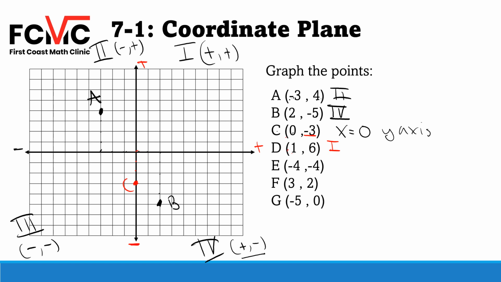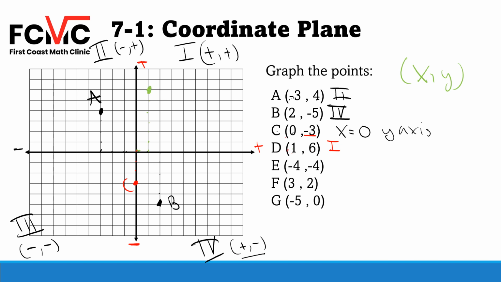So I'll move, our ordered pair is (x, y), so I'm going to move 1 to the right on our x-axis, then up 6, 1, 2, 3, 4, 5, 6.